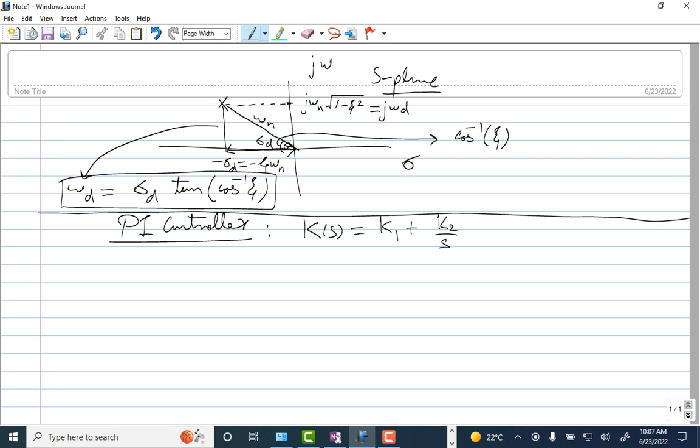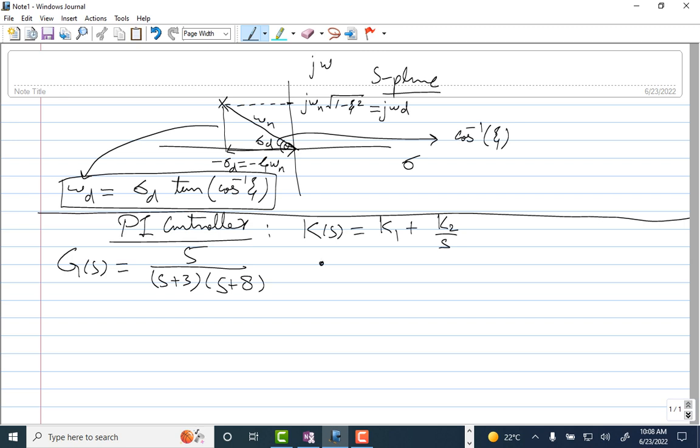So this is the controller, and I have to find the values of K1 and K2. Let's consider the plant dynamics as 5 divided by (s plus 3)(s plus 8). This is the system for which I have to design a PI controller with specifications.